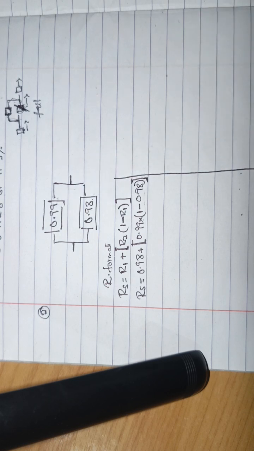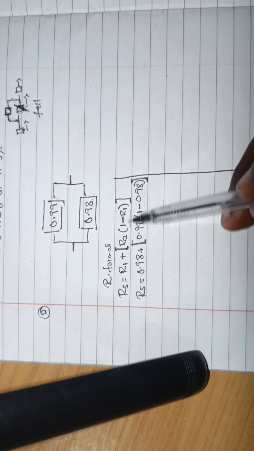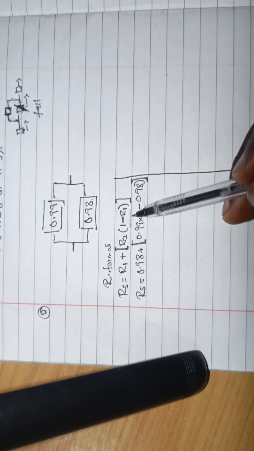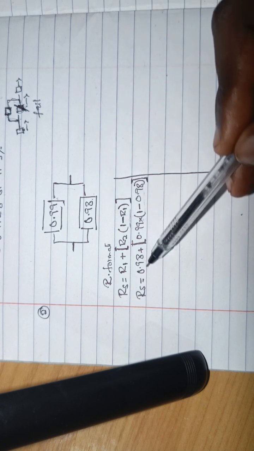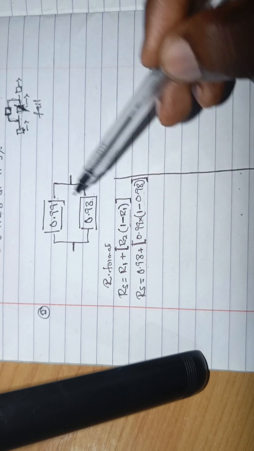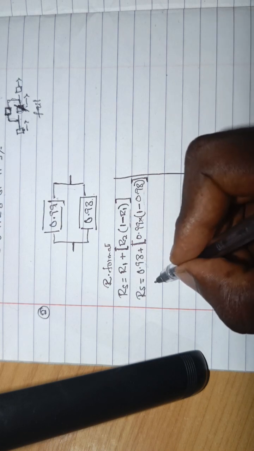So not to confuse you, this is a failure format, yeah. So we are just multiplying the failure of this 0.98 to this. Okay. Let's continue. I think you get the understanding.